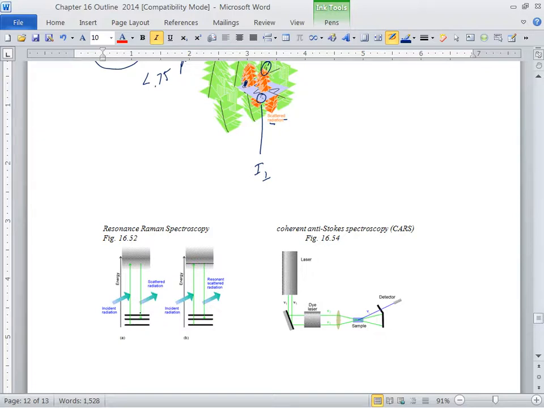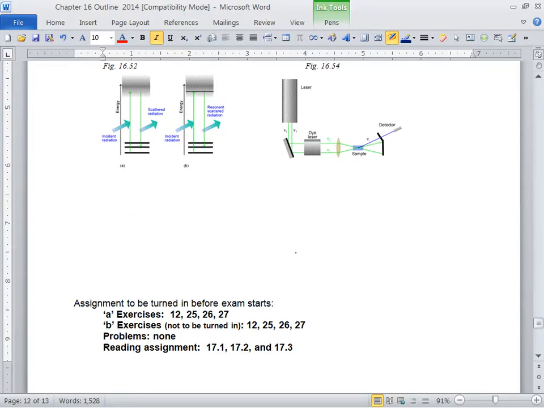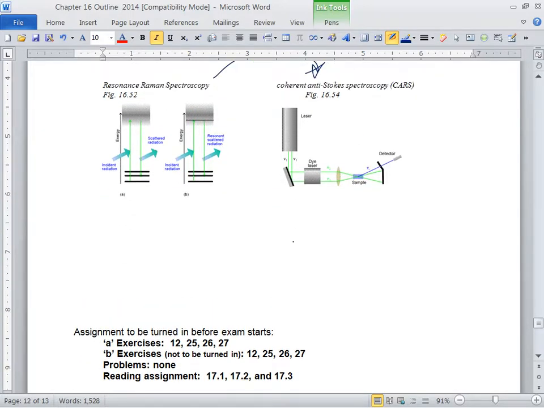And then you get enhanced scattering. They call it resonance Raman spectroscopy. And that's kind of what this instrument is. CARS uses two laser beams. So I'm not really going to say much about that.